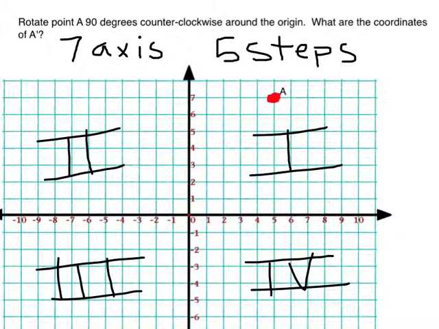It says, rotate point A 90 degrees counterclockwise around the origin. I know that 90 degrees is 1 turn, and counterclockwise is to the left. I need to rotate that point 1 turn left. Remember how I counted up my y-axis here? I need to count 1 axis to the left, and that would get me on my x-axis. So to go from y to x is 1 step to the left.